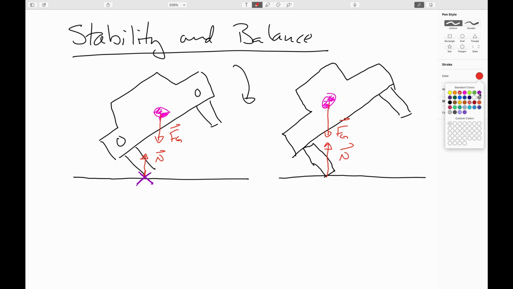We'll go ahead and continue to put our axis of rotation in the logical spot, but now the issue here is that the lines of force of both forces cross through the axis. There is no torque. So we will say that the angle at which the car is tilted for that to happen is the critical angle.